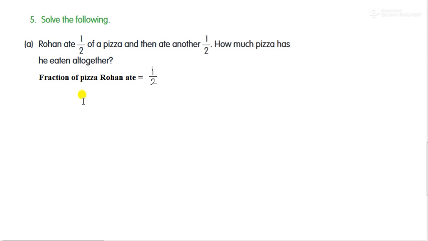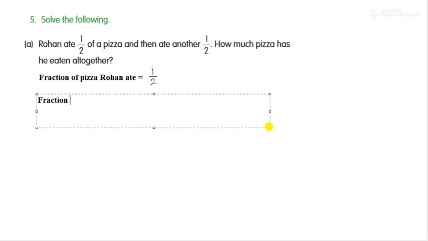Next, fractions of another pizza he ate equals 1 by 2.